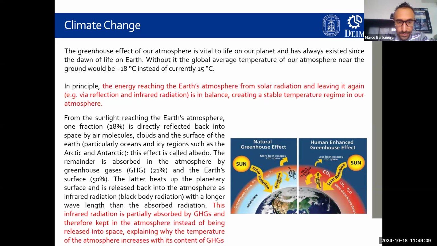I don't know if you know the environmental problem due to the emissions of greenhouse gases. In this slide, you can see a brief summary of the environmental problem due to the emissions of greenhouse gases.